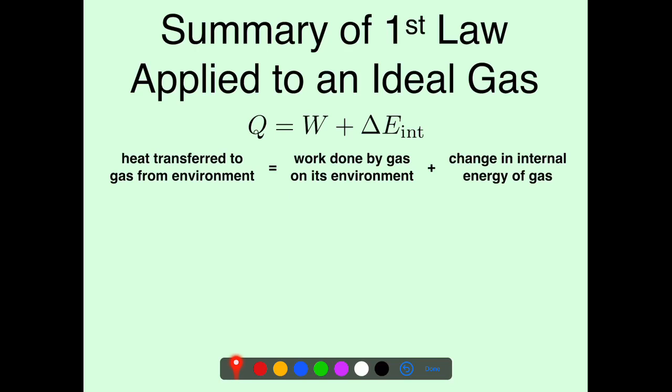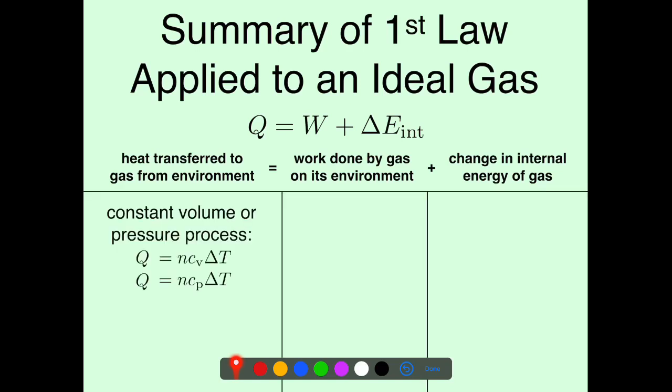And there are three variables in this equation, and we've spent a lot of the last two lectures going over how to deal with each one of these variables. So to remind you, Q is the heat transferred to the gas from the environment. W is the work done by the gas on its environment. And delta E internal is the change in internal energy of that gas.